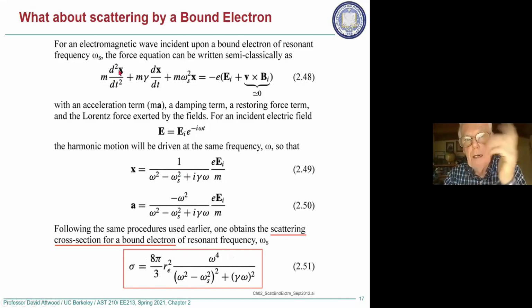I had written this before as dv dt, but now I've written it as d squared x dt squared. I'm assuming that there's an X-ray wave, or actually any wavelength, visible light, that has an electric field incident with some amplitude and an e to the minus i omega t. The electron is going to oscillate at this frequency. It's the only frequency it's going to oscillate at, because that's the driven frequency, okay?